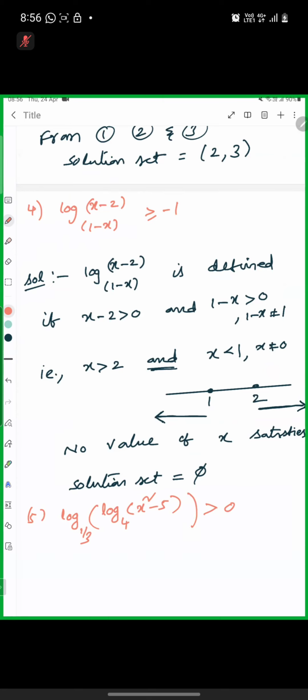Log of x square minus 5: for this logarithmic function, this is the base, and for this logarithmic function, this is the variable. Log of x square minus 5 to the base 4: for this logarithmic function, the variable is x square minus 5.